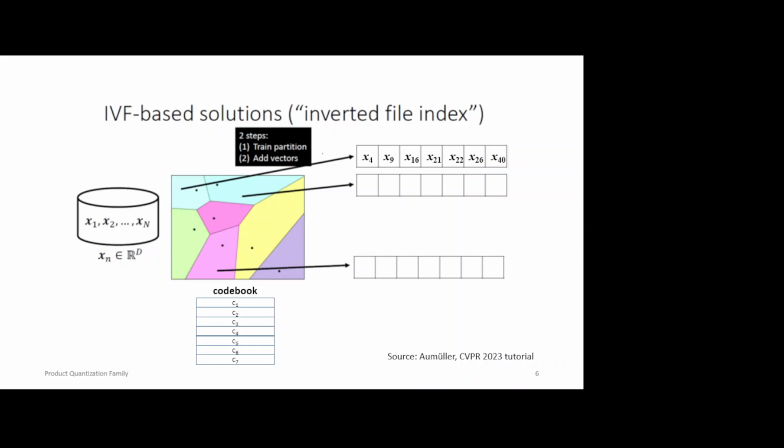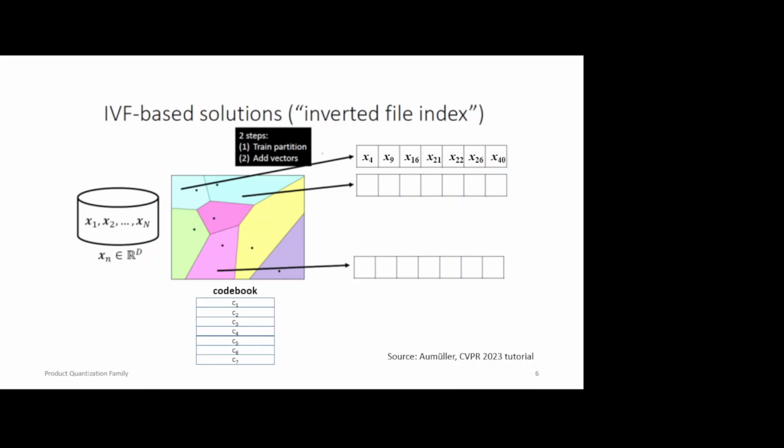Here we have already applied k-means to divide the d-dimensional space into several cells. We call them the Voronoi cells. You can see irregular regions forming each cell. For each cell, we build what we call an inverted file list. This list keeps all the data located in this cell.